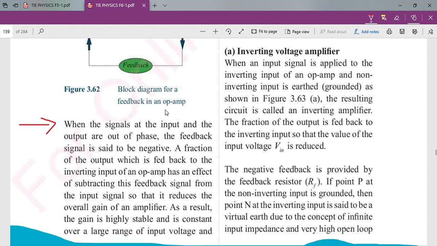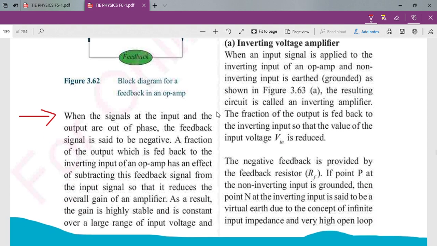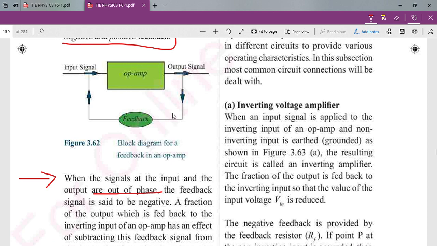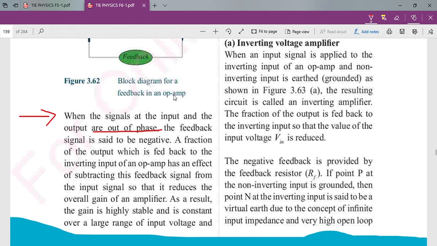Now let's check what is negative and positive. When the signals at the input and the output are out of phase, the feedback is said to be negative. If the output and input signals are out of phase, they are not the same, they do not reach maximum and minimum at once, and that is negative feedback.